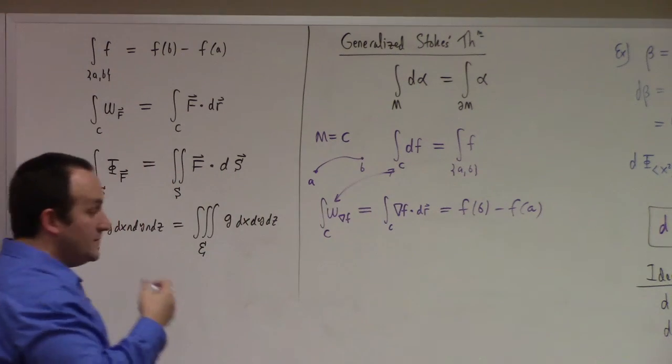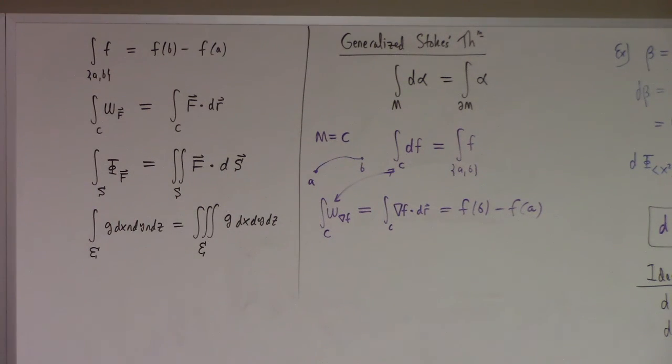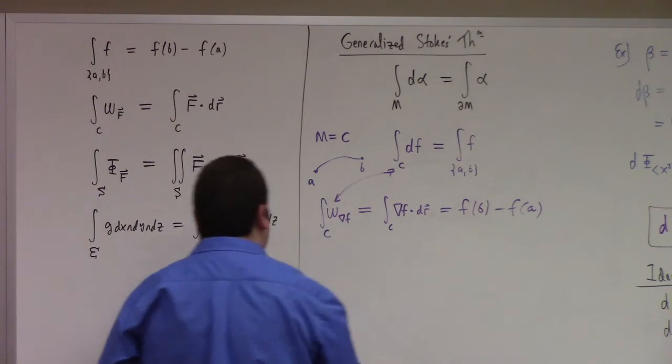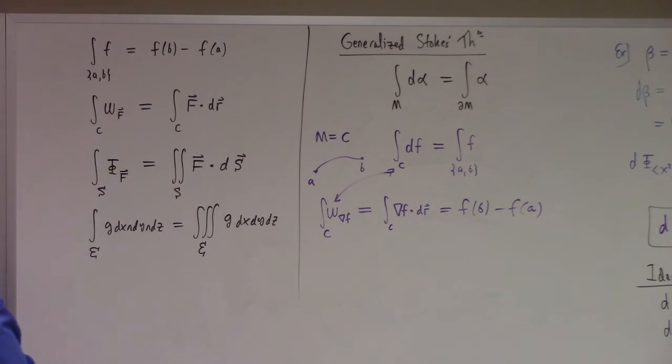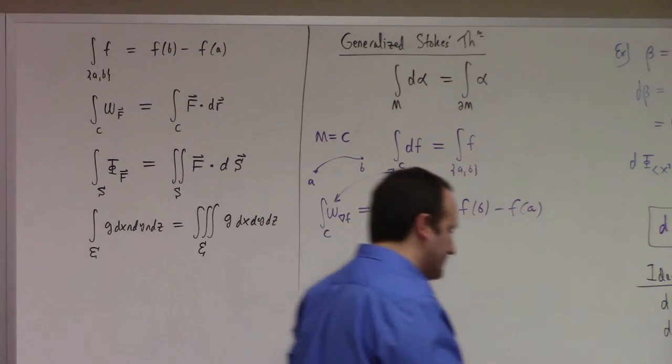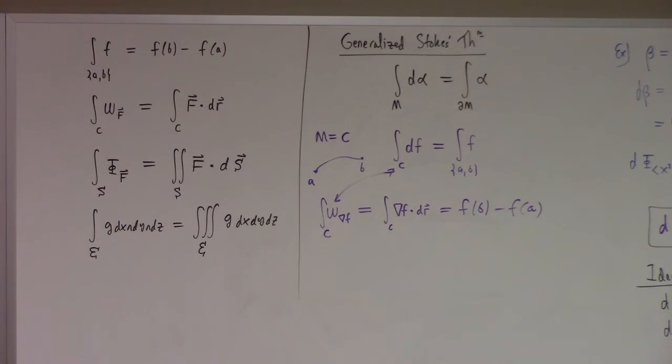So there you go. In the case that the manifold's a curve, you recover the fundamental theorem of calculus for line integrals. If you look at the one-dimensional case there, you just get back the plain old ordinary garden variety fundamental theorem of calculus.